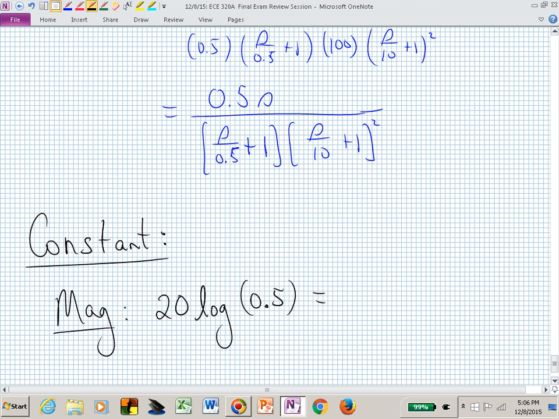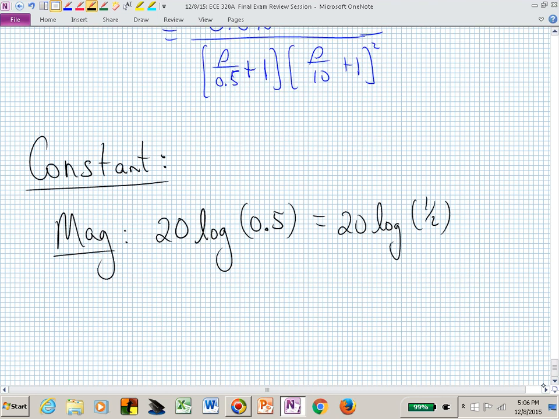So now we're logging something less than 1. What would you expect? A negative dB. So this is now 20 log of 1/2, another way of looking at that, so that this now becomes 20 times the log of 1 minus the log of 2. And there's the log of 2 again.